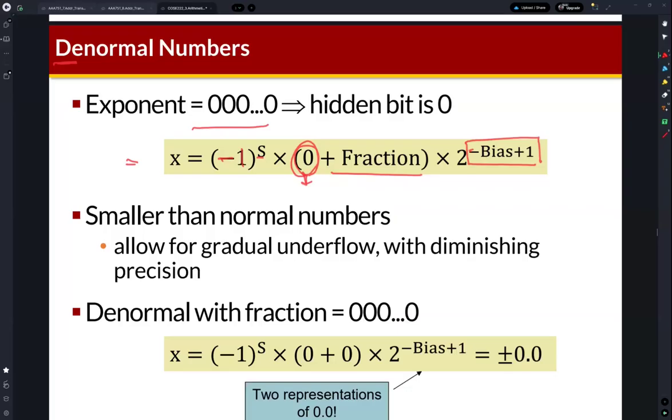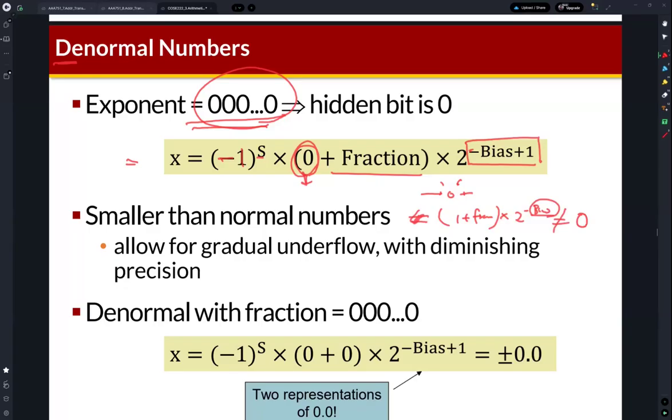Okay. So if all the exponent bits are 0, you can find that this number is very close to 0, right? Very close to 0. But what's the problem with the normal number representation? It's 1 plus fraction multiplied by 2 to the power of exponent minus bias. So this is a very small number, but it is not 0. It cannot be 0.